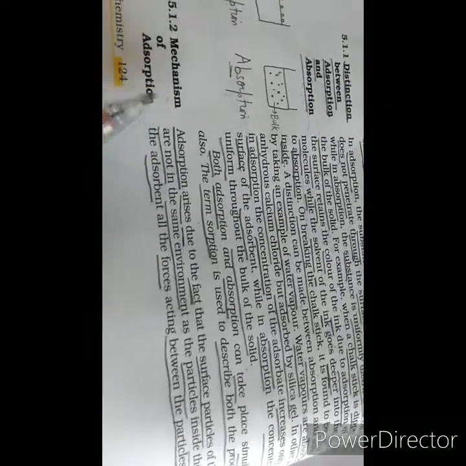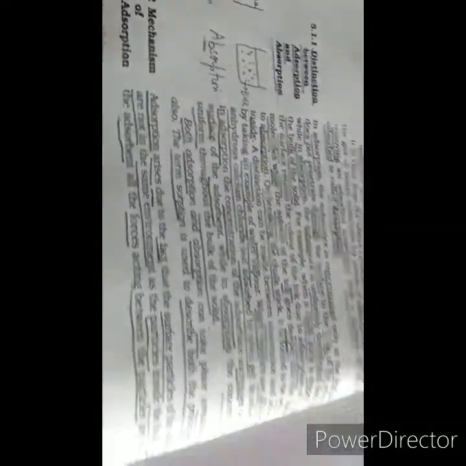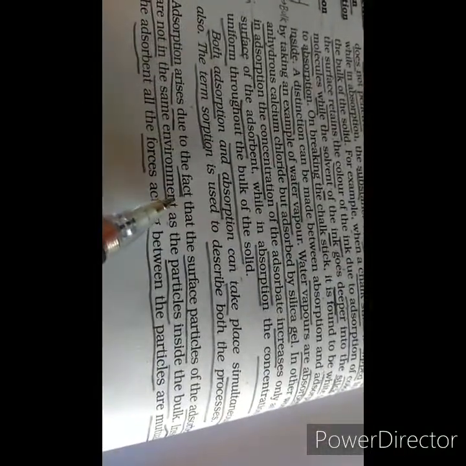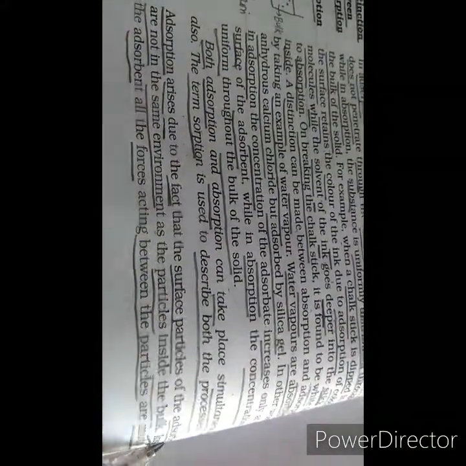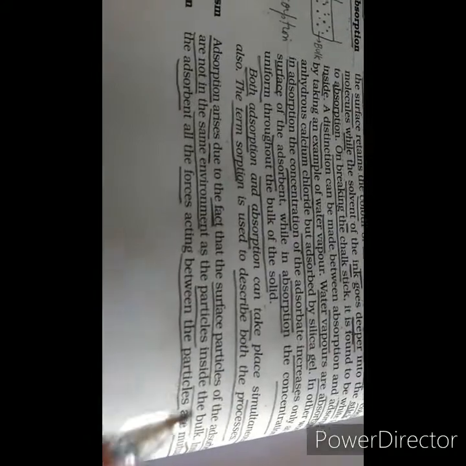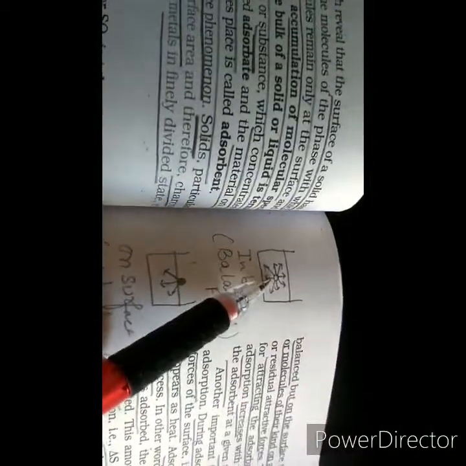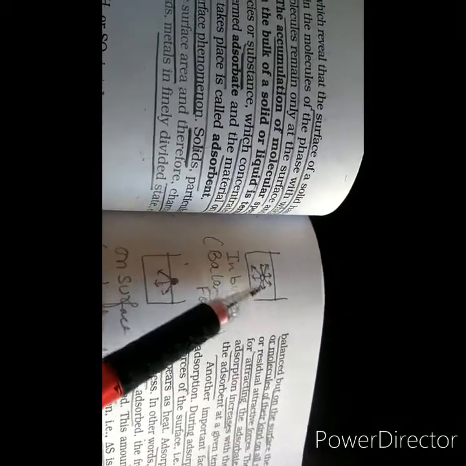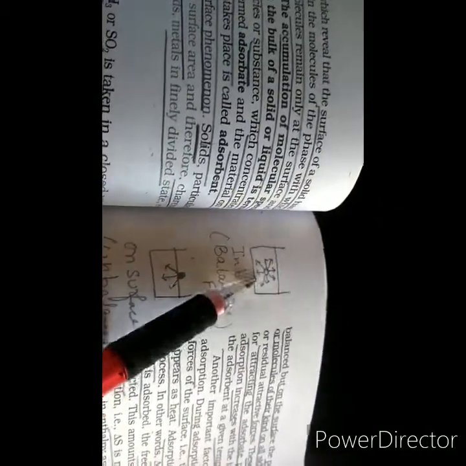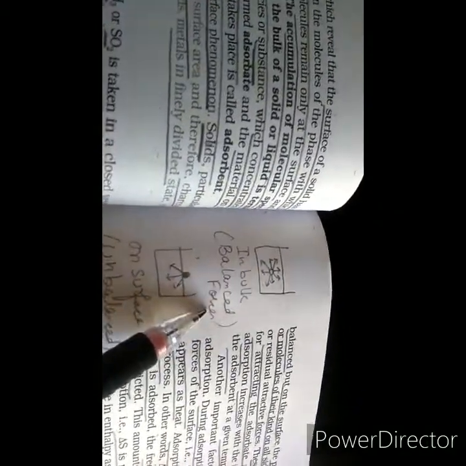Now let's see the mechanism of adsorption. The adsorption occurs because the particles which are present on the surface of the adsorbent are not in the same environment as the particles which are present in the bulk. For example, this is a particle which is present in the bulk. Now this particle is experiencing equal and opposite forces, and thus we say it is experiencing balanced forces.